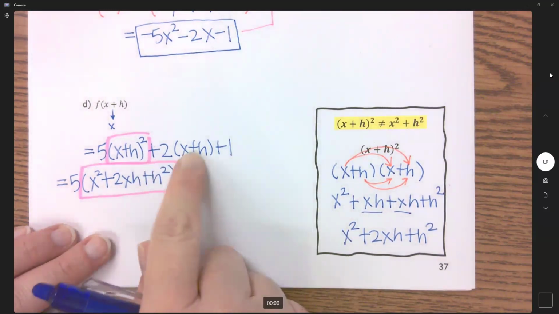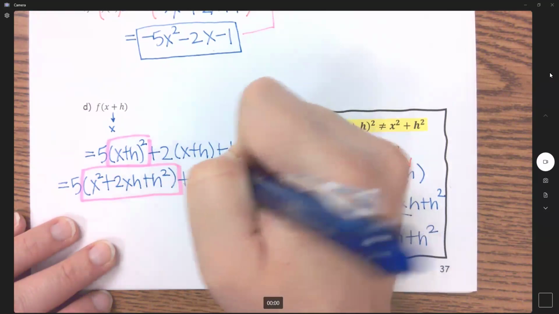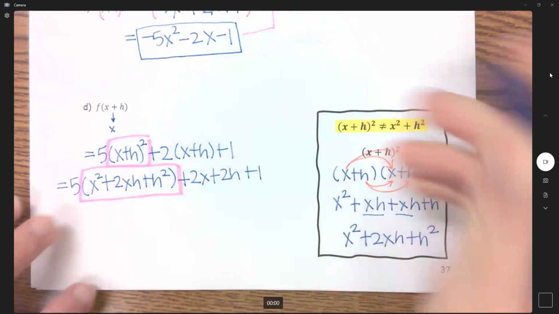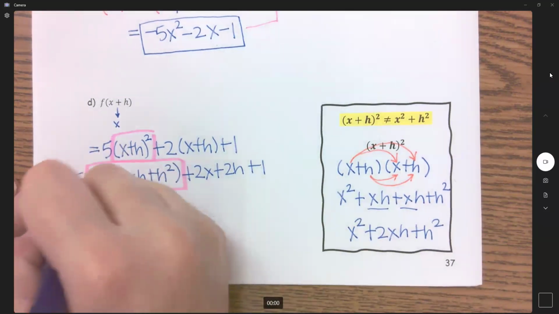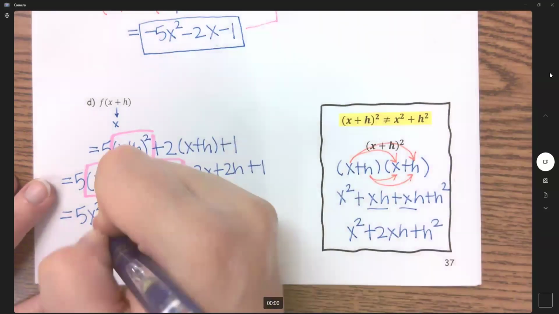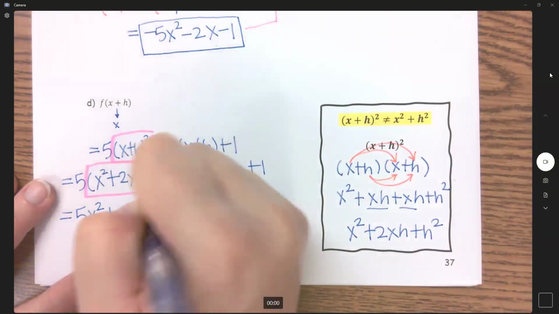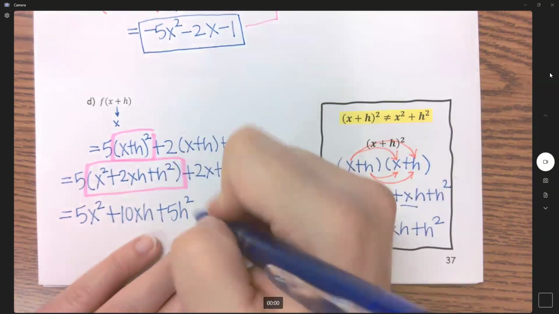I'm going to distribute this 2 to everything. So we have plus 2x plus 2h, bring down your plus 1. And then my last step is to distribute in this 5. So we have 5 times x squared plus 10xh plus 5h squared, and then drop all these down.